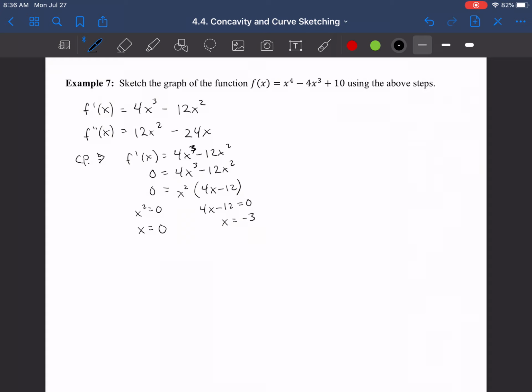Sorry, I feel like I'm missing a point here. Missing a critical point here. I was expecting 3, not -3.